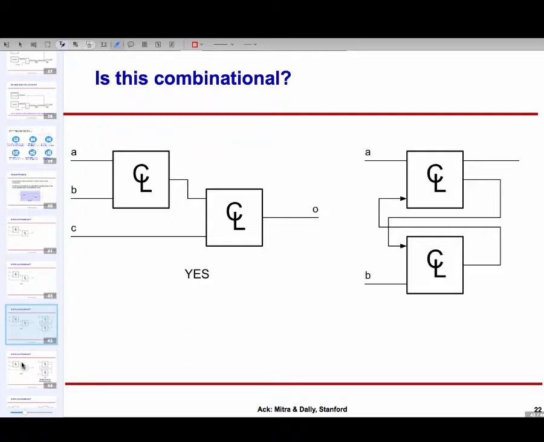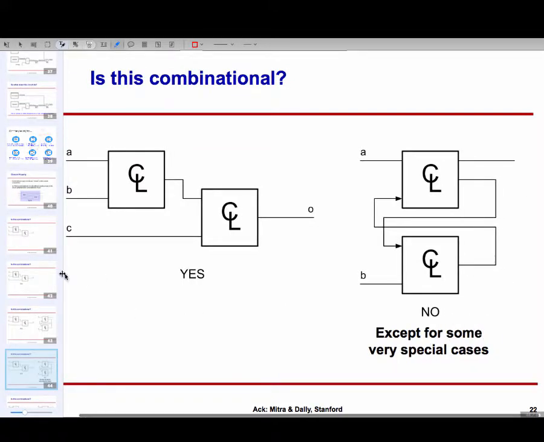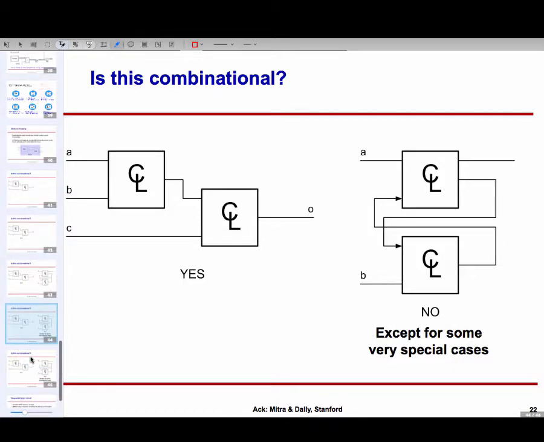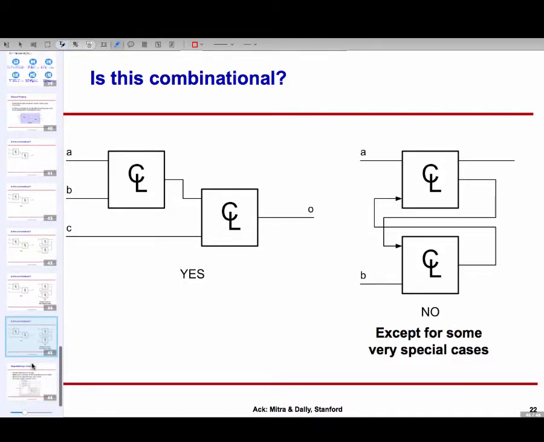It may still be combinational, but it's possible it also has memory. It depends. Generally speaking, when you have loops, it will not be combinational. But again, there are special cases where it could still be. So loops do not guarantee memory, but special cases can still lead to this.